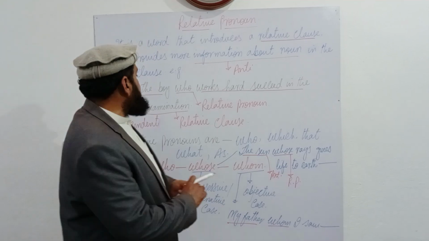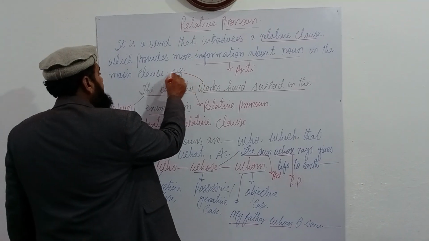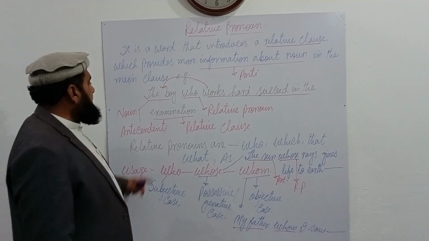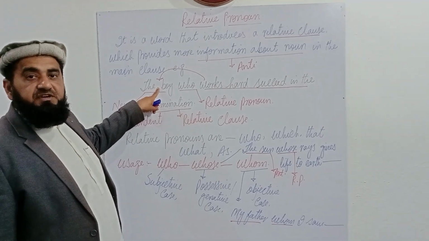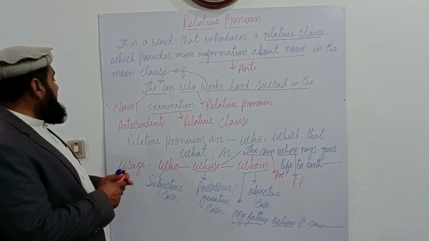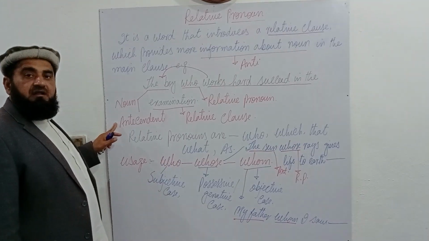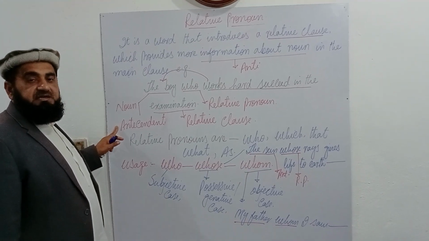This relative clause is going to define the boy. The boy is the noun of that relative clause, and in grammar we call the boy the antecedent.